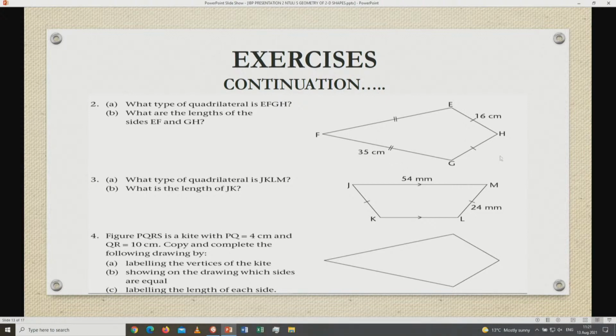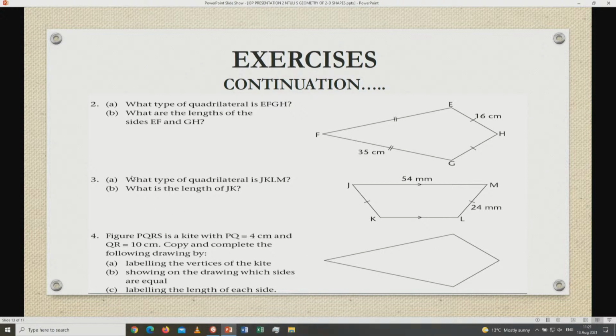Number 3. What type of a quadrilateral is JKLM? Now we can see JKLM. There is only one pair of opposite sides that are parallel. These sides are not parallel. Should they continue like this, at some point they are going to intersect, they are going to meet.